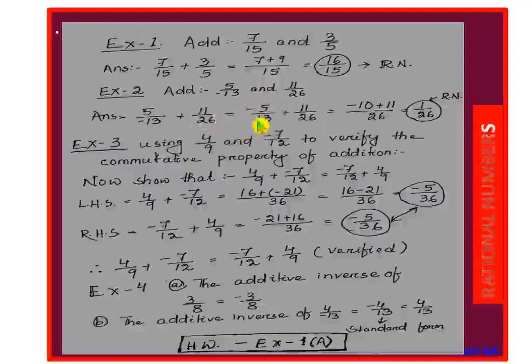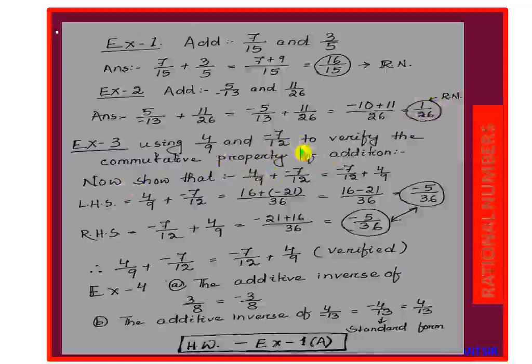How the standard form comes, I have told you before; you can go back to that video and find it there. Next, for 13 and 26, the LCM is 26. 26 divided by 13 gives 2, into minus 5 equals minus 10, then plus sign, 26 by 26 equals 1, into 11. So we get 1 by 26, which is also a rational number.